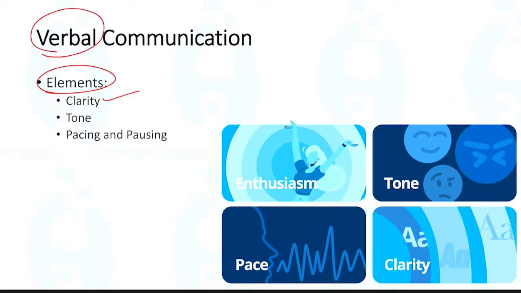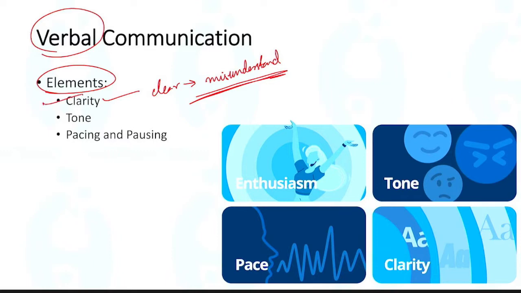Okay, so clear communication, clear sentences, will avoid misunderstanding, and also be helpful in ensuring the message is understood as the person had intended. So it eradicates misunderstanding and we can make sure the receiver understood what we are trying to convey. Okay, that is the clarity.